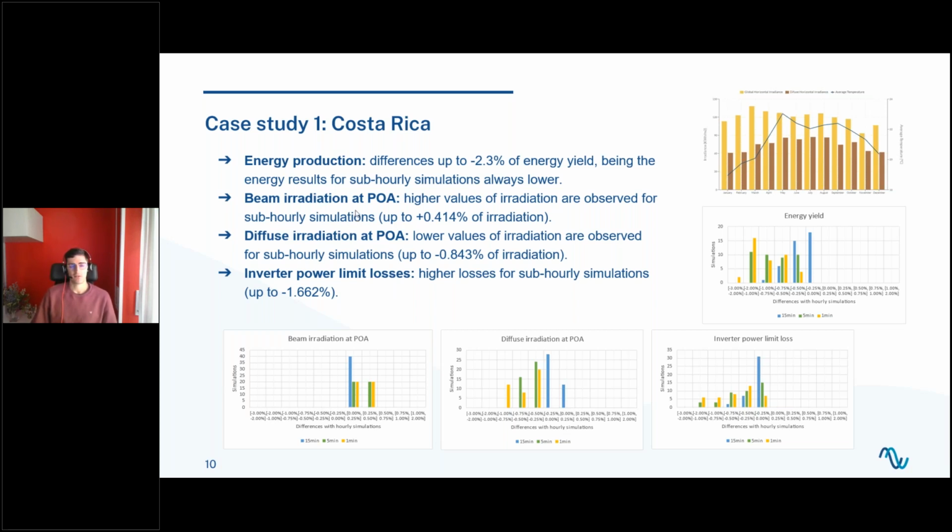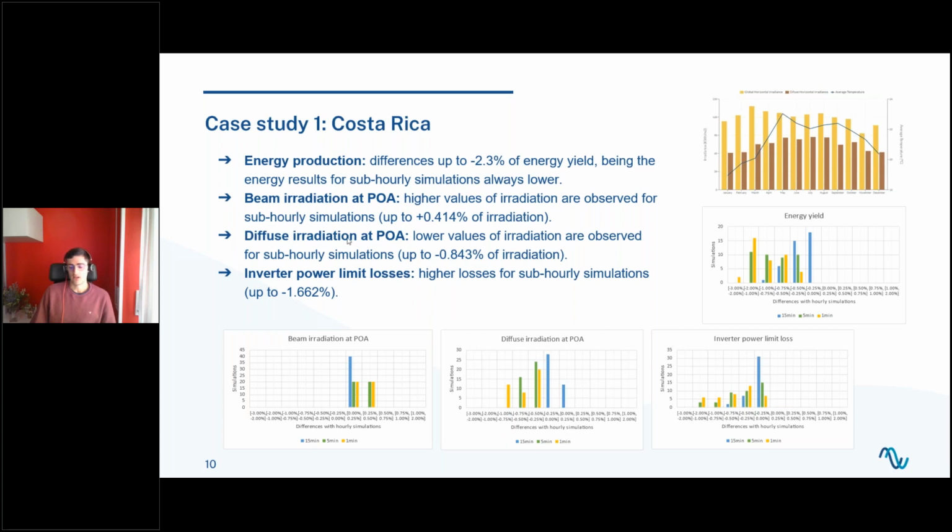But also we observed that there were differences for the irradiation that we have at the plane of array for both components, the beam and the diffuse components. If we go to the beam component, here we observe that we always got higher values of irradiation for sub-hourly simulations, as we can see in the graph, and that these differences were up to plus 0.4% of irradiation, which is something that is not negligible, let's say, and maybe something that we want to consider.